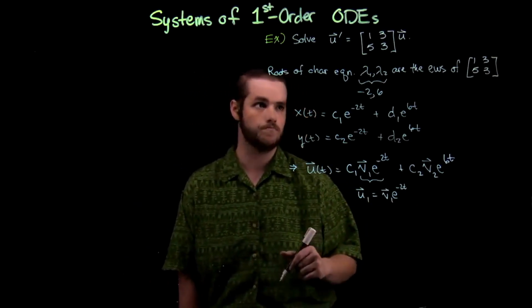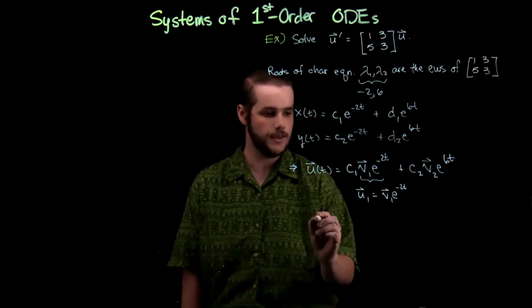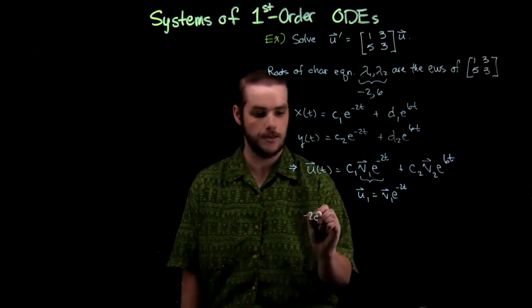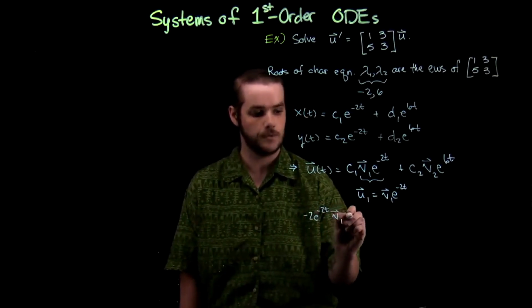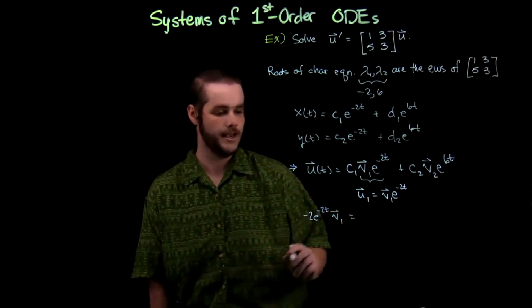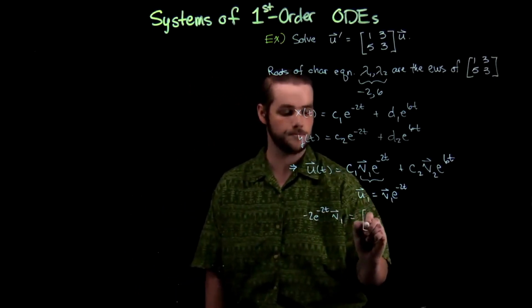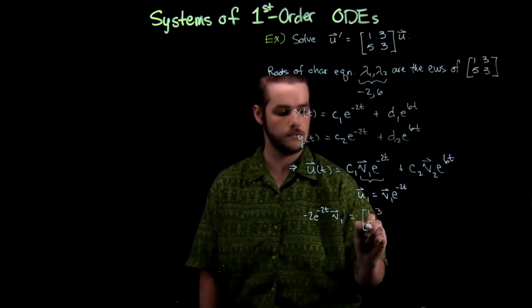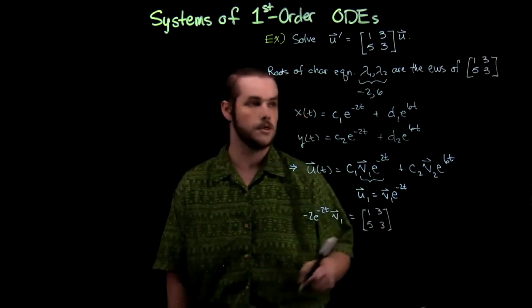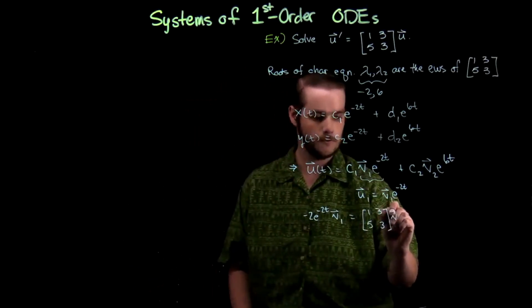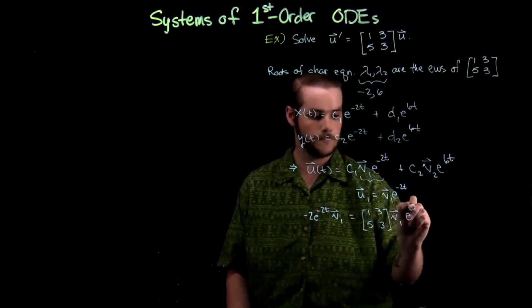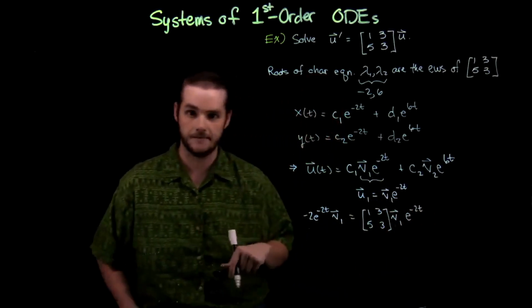I get u1 prime on the left-hand side, and that's going to be negative 2 e to the negative 2t v1, equals, and on the right-hand side, I have A times u, which is e to the negative 2t.